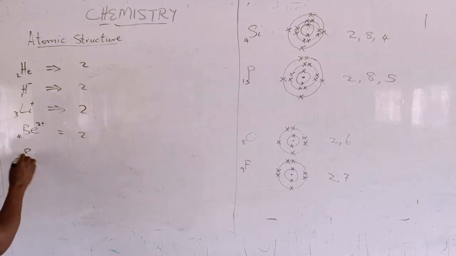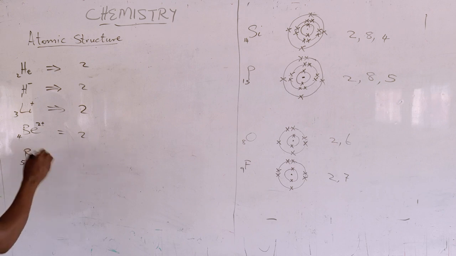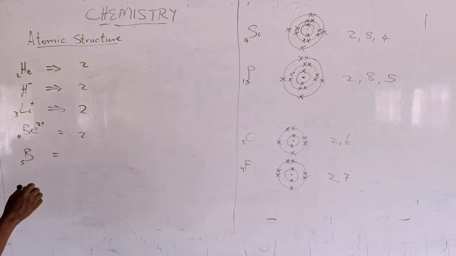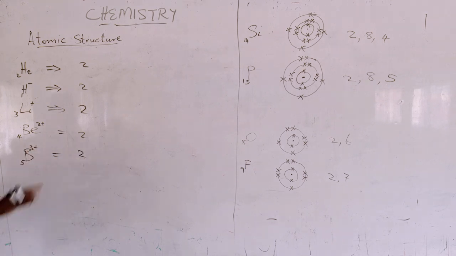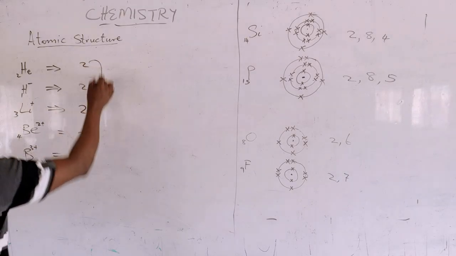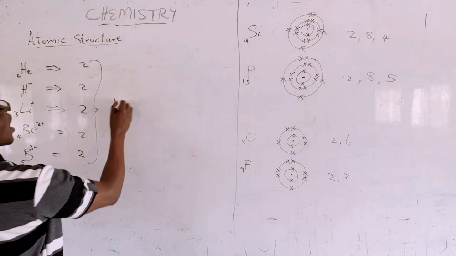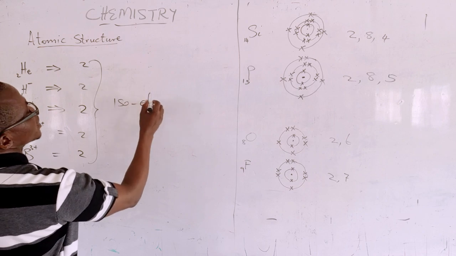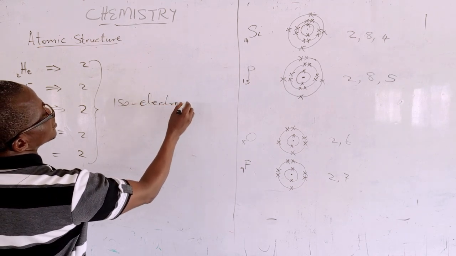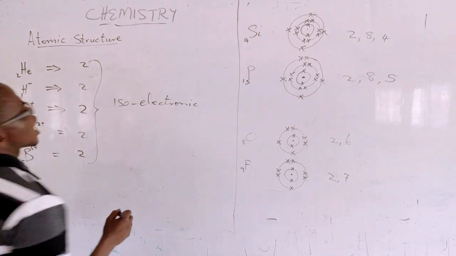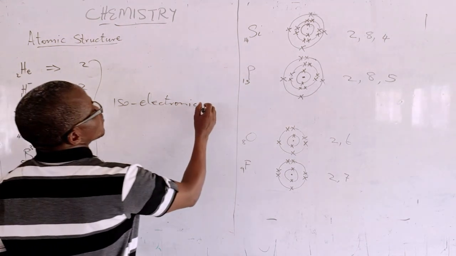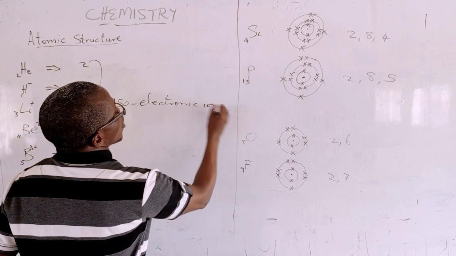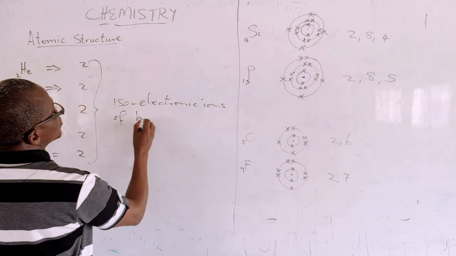Boron is B. Atomic number of boron is 5. If it has given out the 3 electrons on the outer shell, it will now be 3 plus, and the electronic configuration is 2. So all of them here are isoelectronic. They are all isoelectronic ions of helium.